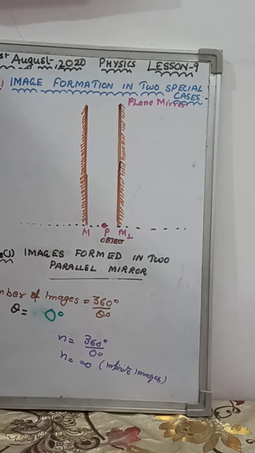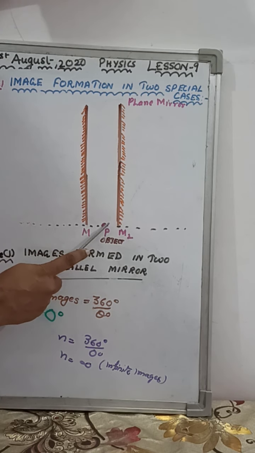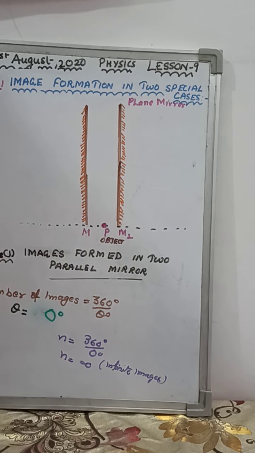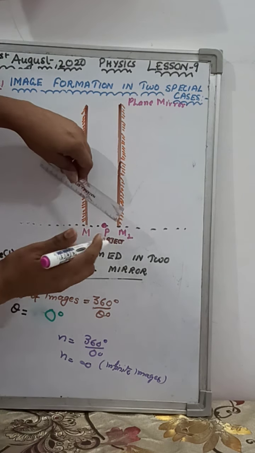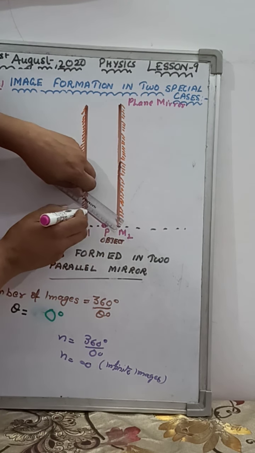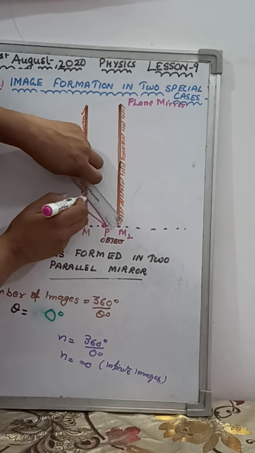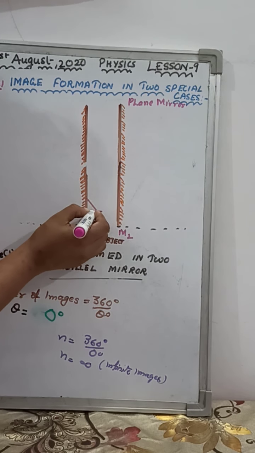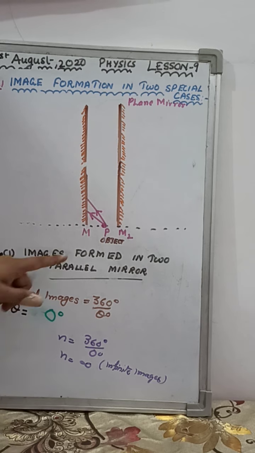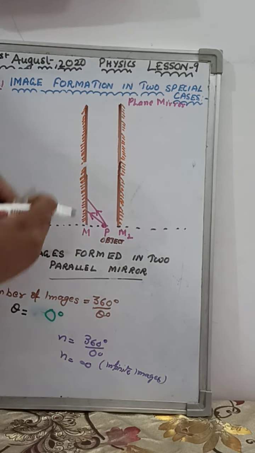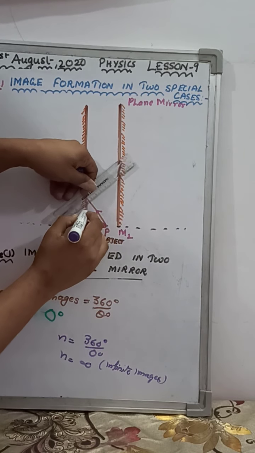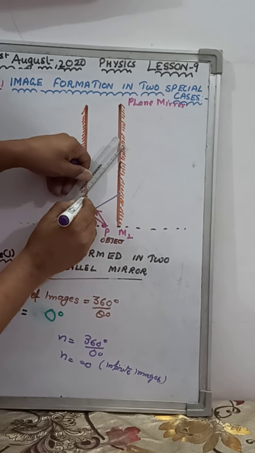Let us do it diagrammatically. This P is your object, M and M1 are the two plane mirrors which are parallel to each other. First of all, two rays will come out from the object and be incident on the plane mirror this way. So these are the two incident rays. After reflection from this mirror, they will reflect onto the next mirror, M1.